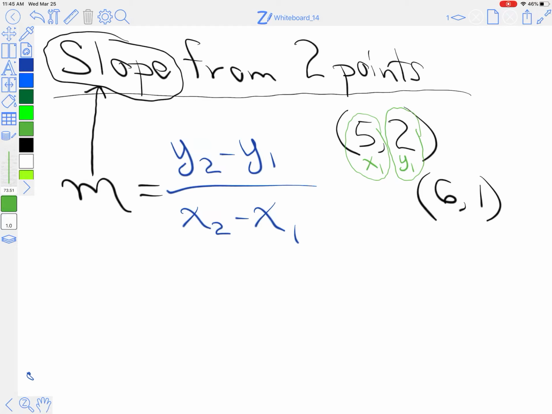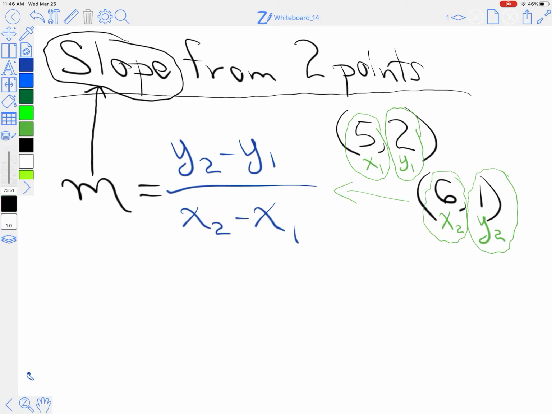And now I'm going to go to the other one and very similarly write x2 and y2, because that's the x coordinate for my second point and the y coordinate for my second point.